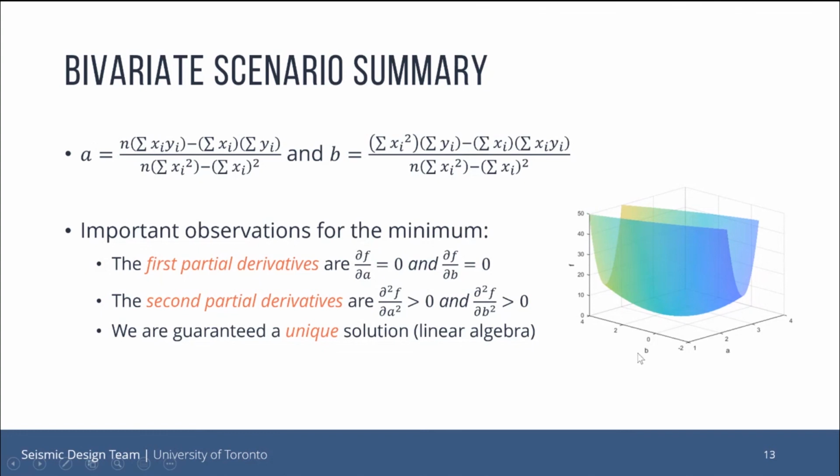Because a and b are 2 variables, and they exist in a 2-dimensional plane down here. The function that they output exists in an upper dimension, and so we need 3 dimensions to fully visualize it. Luckily, our world has 3 dimensions, so we're actually able to see what this looks like. And it looks very nice because you can clearly see that there's a minimum somewhere here.